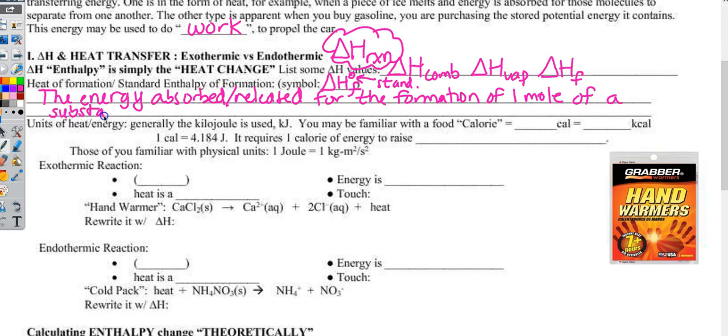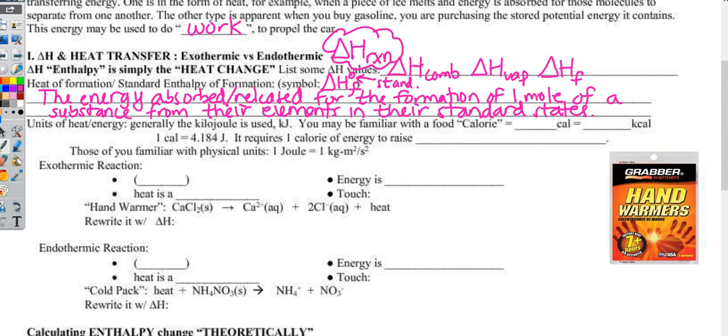The way they form these substances is from their elements, in their natural states, or their standard states. From their elements in their standard states. Okay, and we're going to remember this.